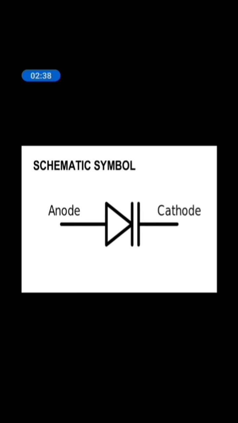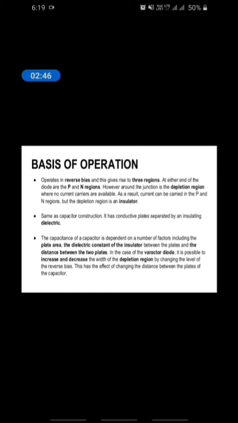This is the symbol for a varactor diode. Basis of operation: a varactor diode operates in reverse bias, and this gives rise to three regions, at either end of the diode are the P and N regions.